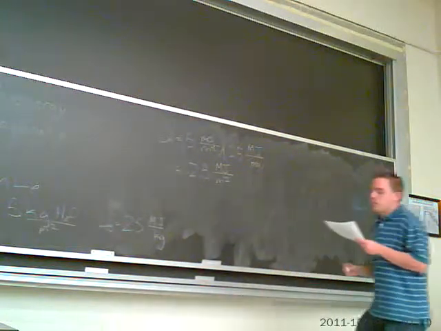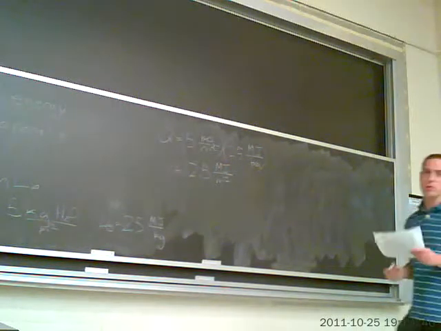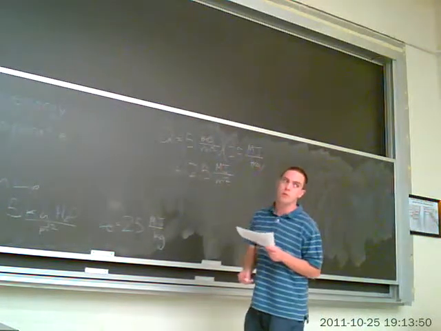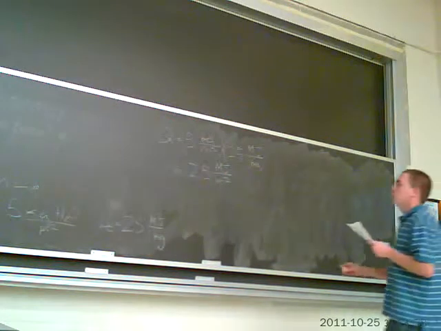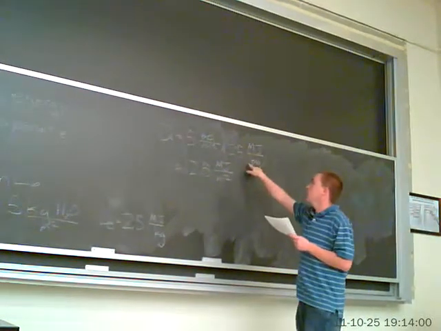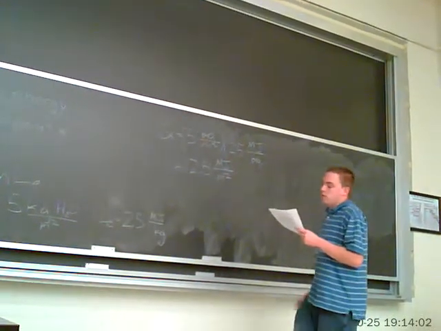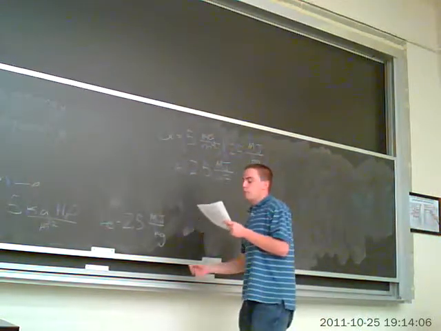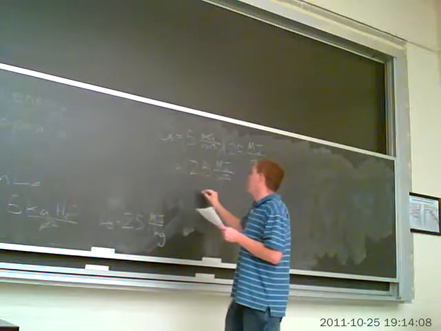So we need 12.5 megajoules per meter squared just to evaporate 5 millimeters of water. Sorry, 2.5 times 10 to the power 6 joules per kilogram. Is that right for you guys? For kilograms, is that right? Yeah. Okay, sure. And then we have 25.